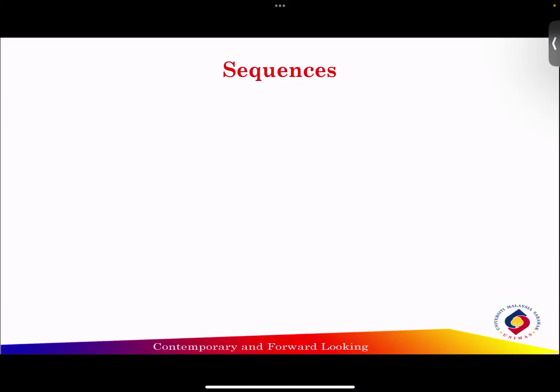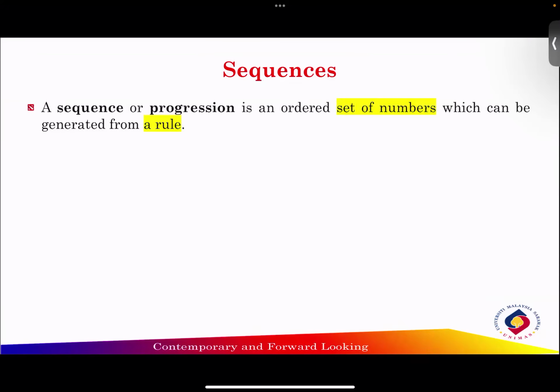And then what is a sequence? A sequence or progression is an ordered set of numbers which can be generated from a rule. For example, we used to learn sequences like 2, 4, 6, 8, 10. This kind of mathematical sentence is called a sequence.